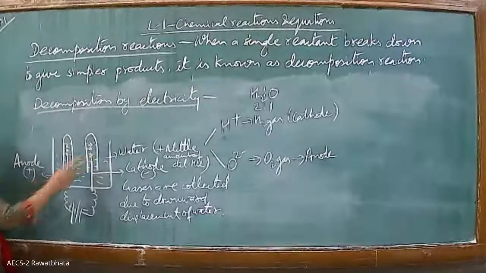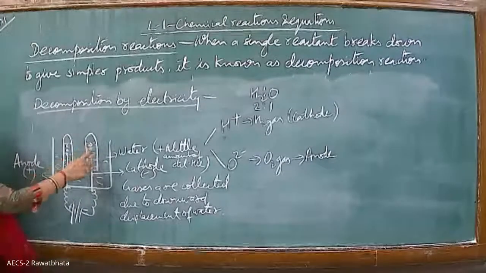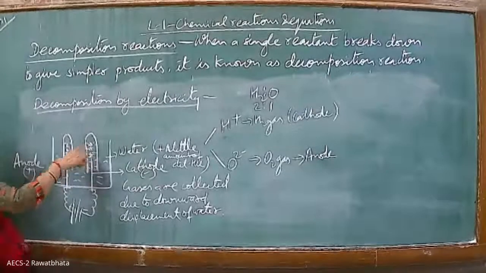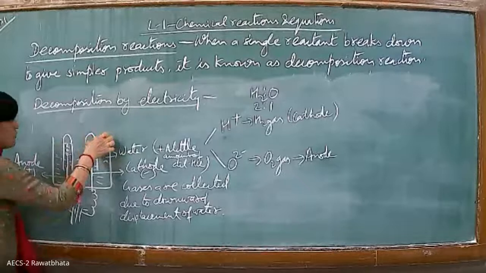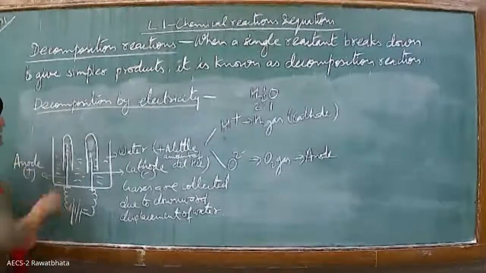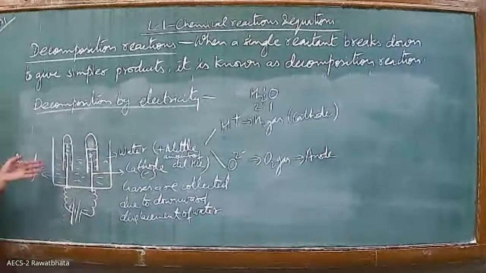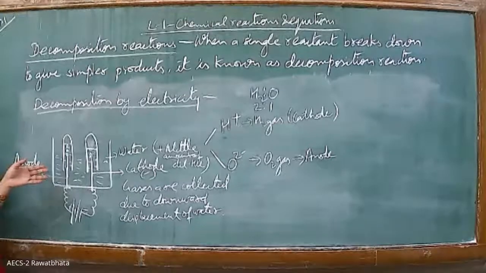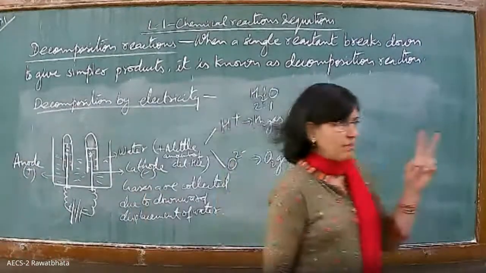Where was the hydrogen getting collected? Cathode, negative terminal. Definitely the amount of water pushed down will be double as compared to that in the case of oxygen.